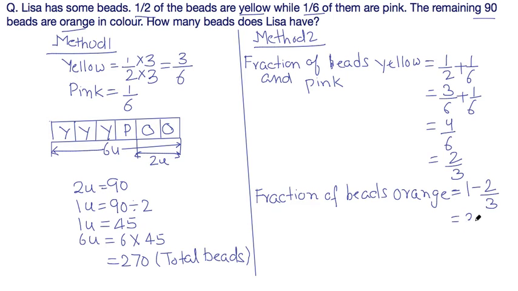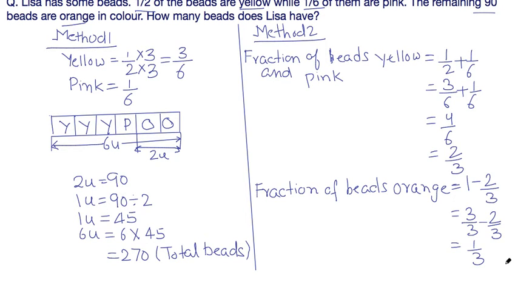So the whole we can write as 3/3 minus 2/3, which is equal to 1/3. That means 1/3 of the total number of beads is orange.